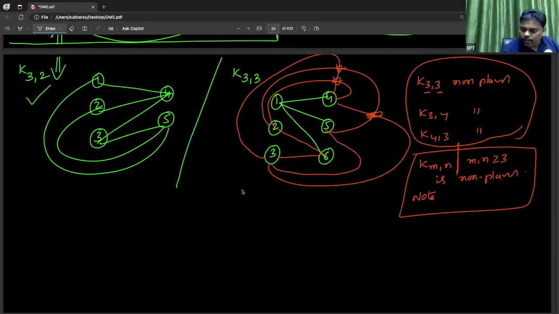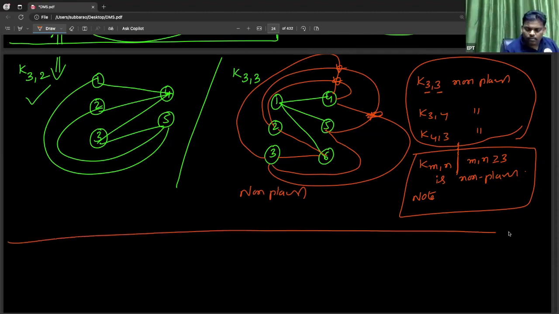It is non-planar. See, hidden is written. All bipartite is planar. All bipartite is planar.